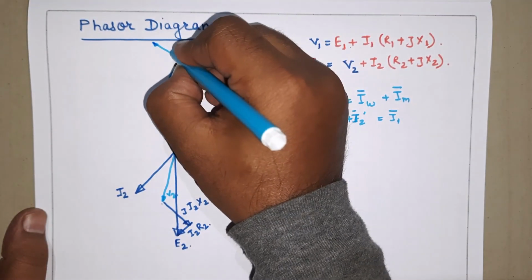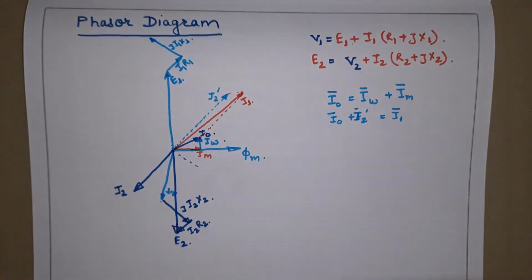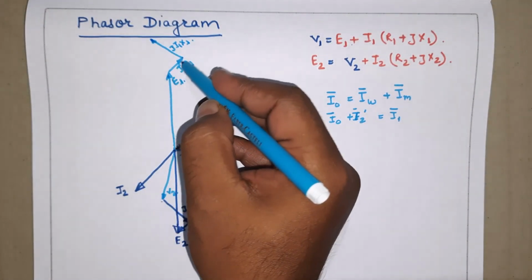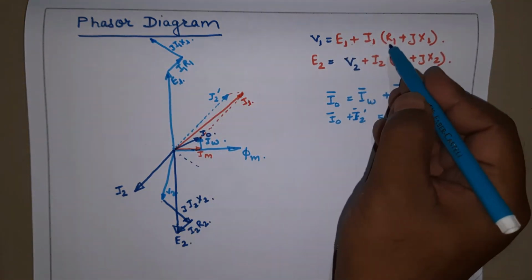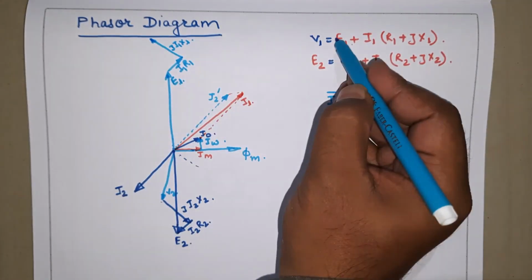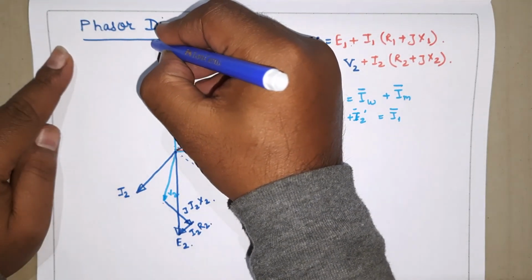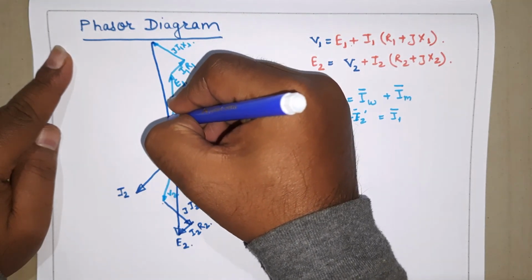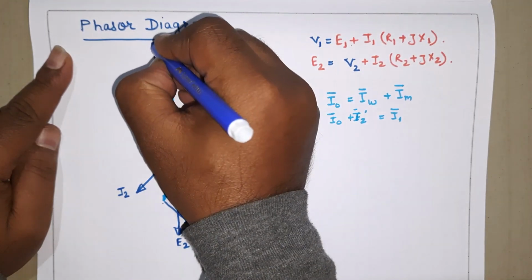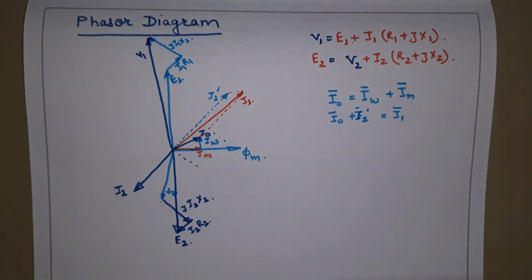This is jI1X1. Now E1 plus I1 R1 plus I1 jX1 makes up V1. So this is our V1, or the terminal voltage of the primary.